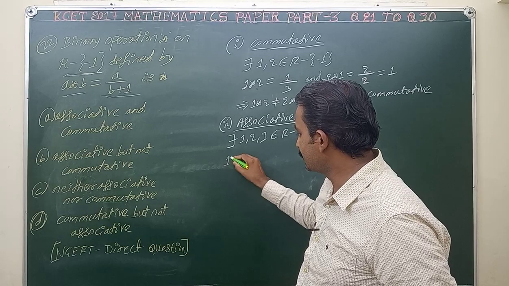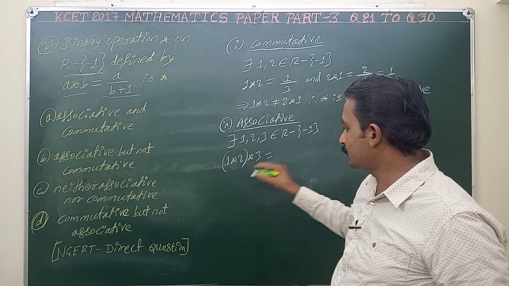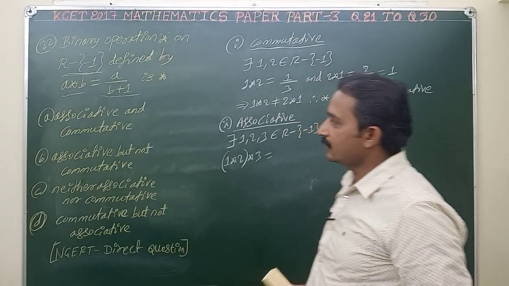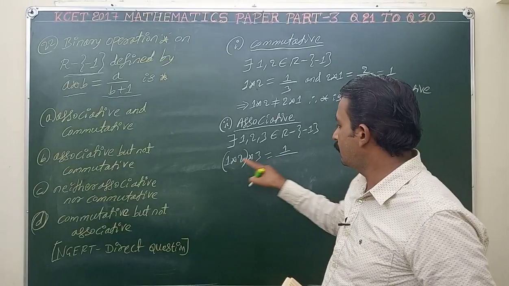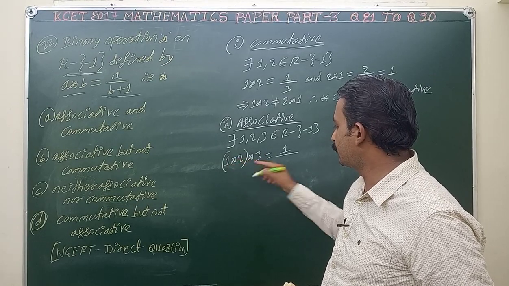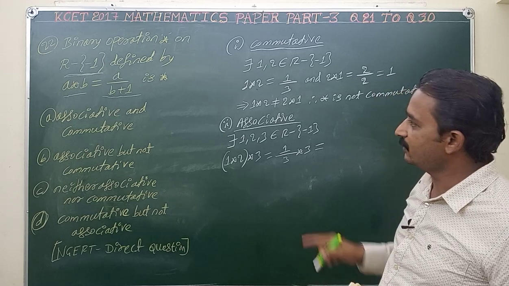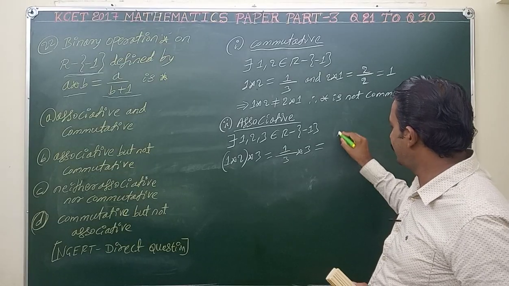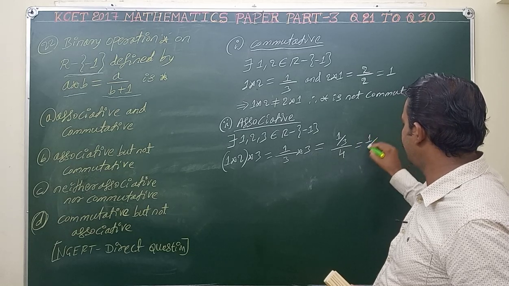Here the bracket is important: (1 star 2) star 3. So 1 star 2, simplify this using the definition a by b plus 1, nothing but 1 divided by 2 plus 1, 1 by 3, star 3. Once again using the definition, 1 by 3 divided by 3 plus 1, which is 4, gives 1 divided by 12.